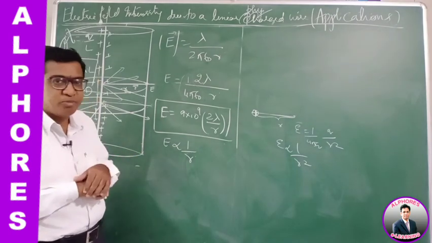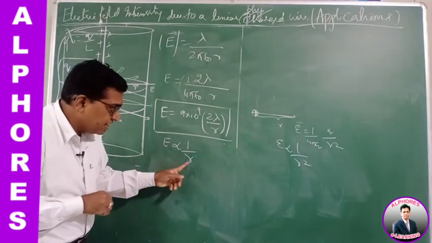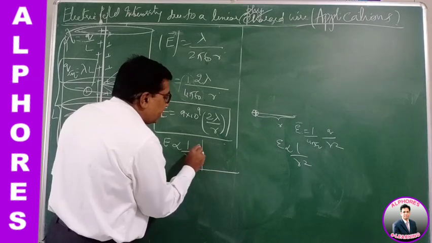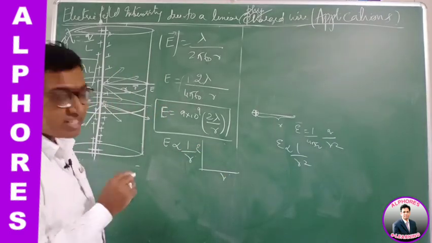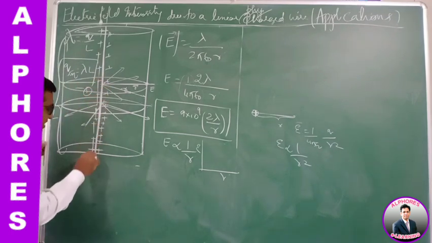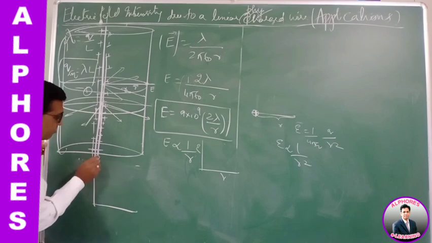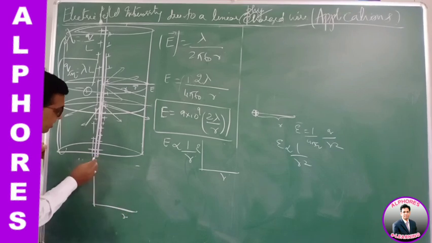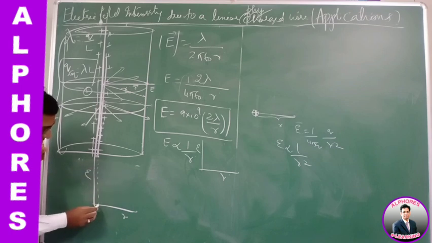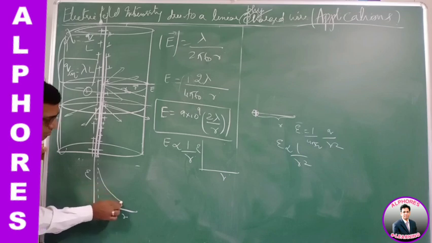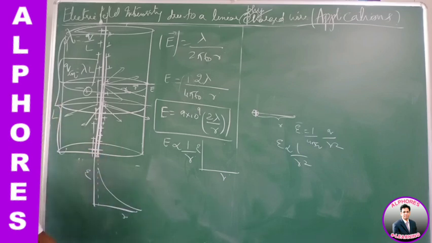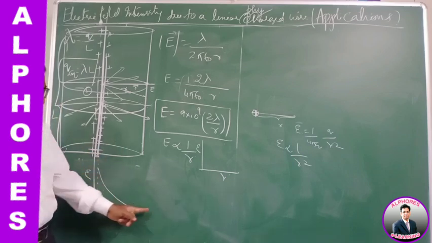It is inversely proportional. If I draw a graph between E and R, representing the variation of electric field with respect to distance R, imagine this as a very thin conductor. The electric field starts from the surface. From the surface, the electric field will be maximum and it tends to infinity this way.